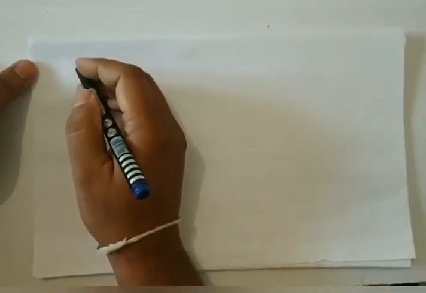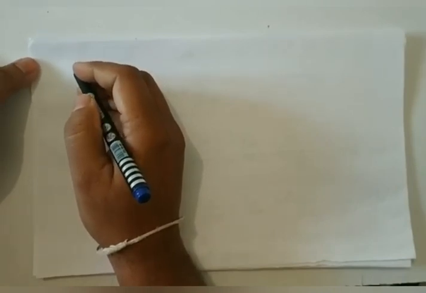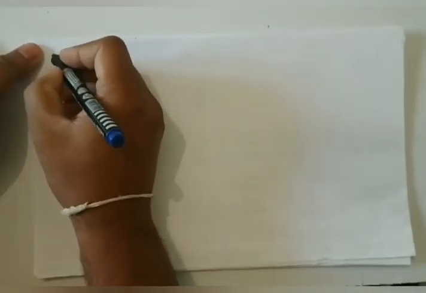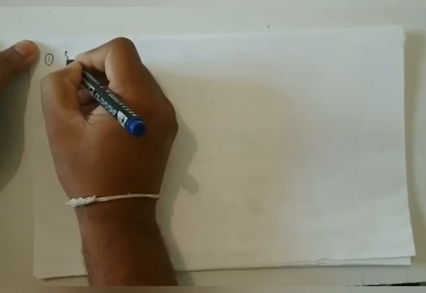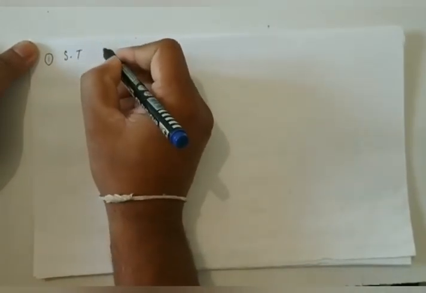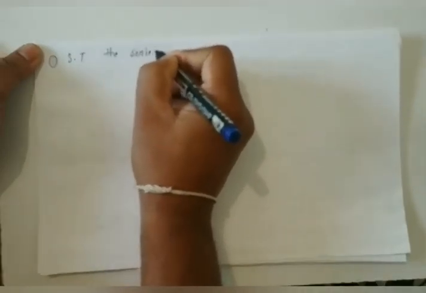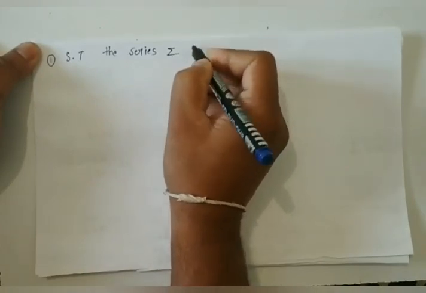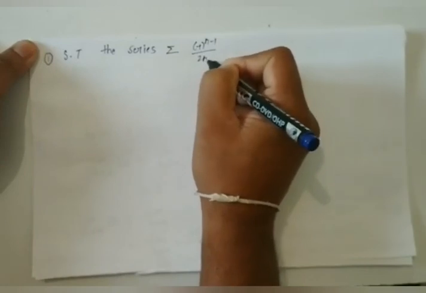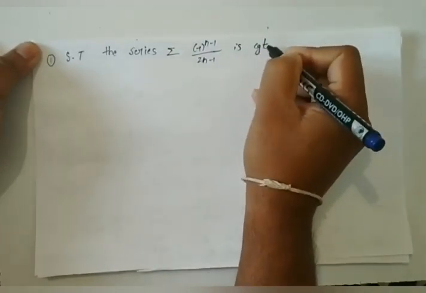Now I will give you problems corresponding to this topic, very easy alternating series test. Do it, students. Write down the first one. Show that the series summation (-1)^(n-1) by 2n minus 1 is convergent.